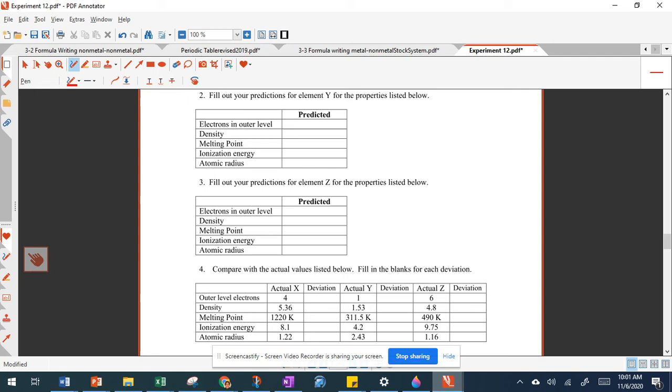And deviation is going to be the absolute value of the difference between your value and the true value.